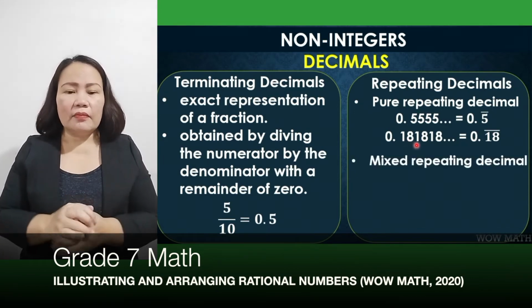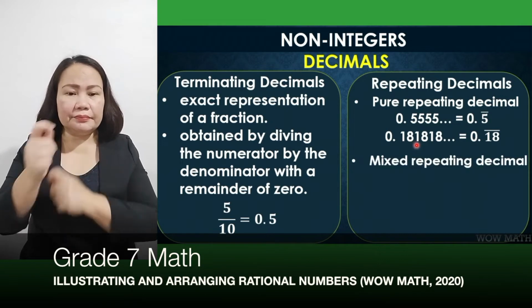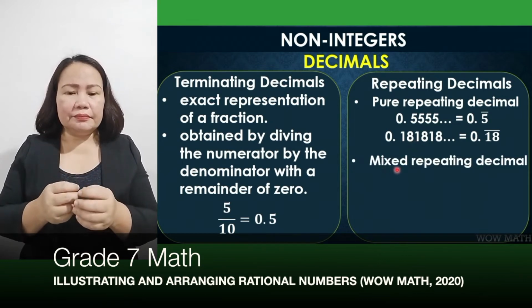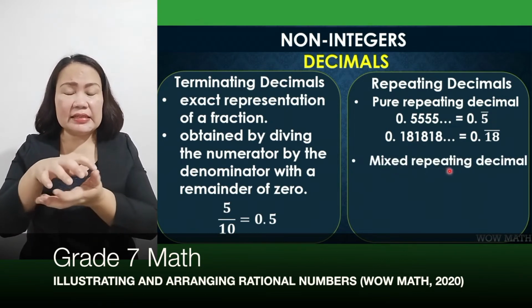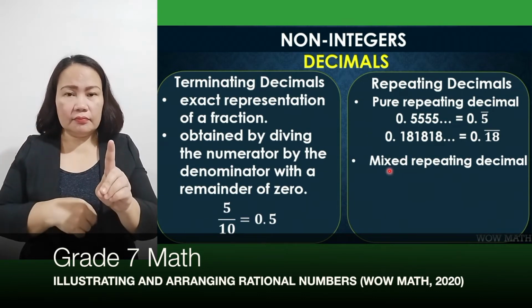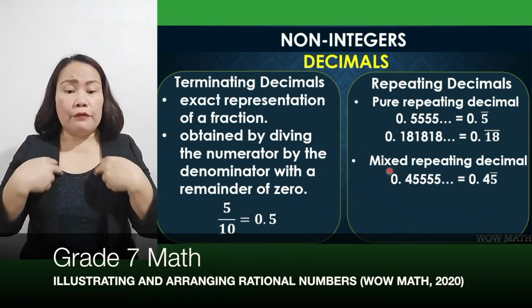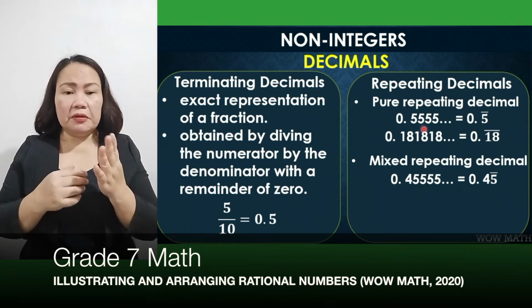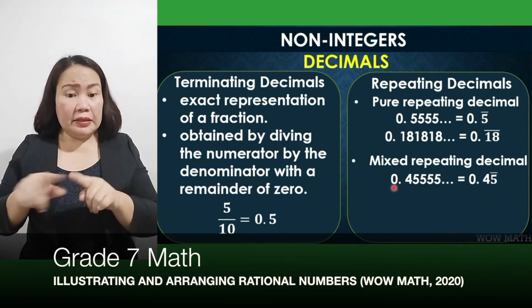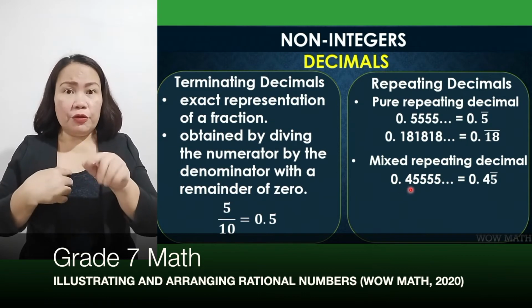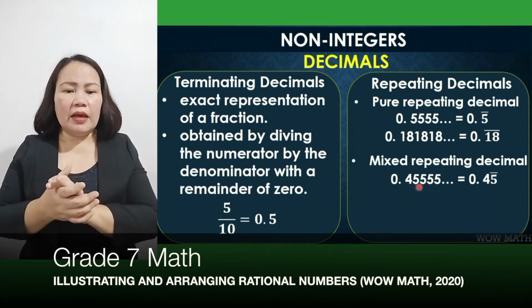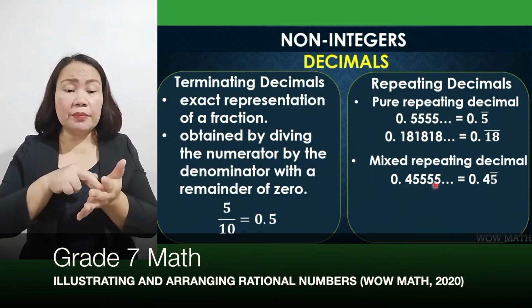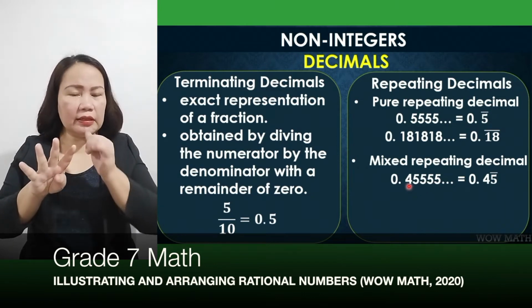Alright, another kind of decimal under rational numbers is the mixed repeating decimal. Pag sinabi nating mix, merong nakahalo. Halimbawa, kanina, 0.555 lang ito. Pagdating dito, I have 0.45555. Ang nauulit lang dito ay yung 5. And then, yung 4 natin, ito yung mix.